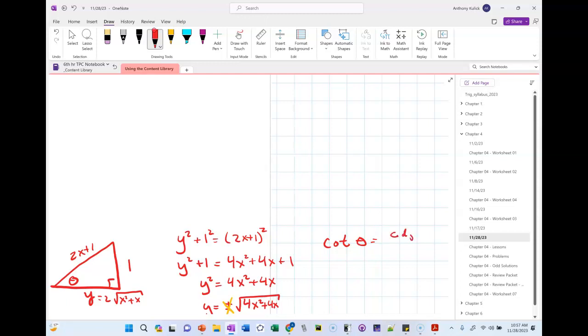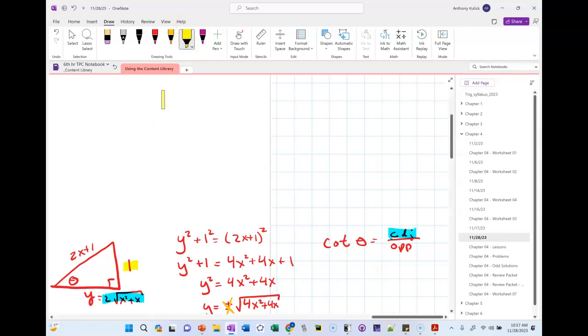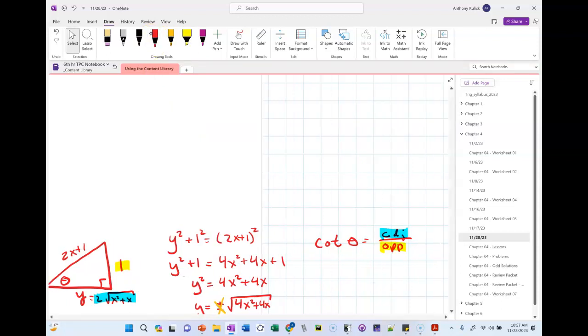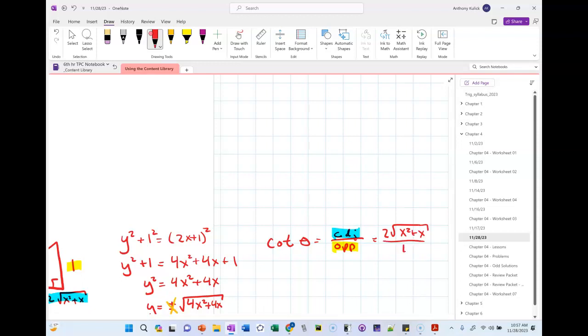So cotangent must be adjacent over opposite, right? If I look at my picture, the adjacent side is 2 root x squared plus x, excuse me, and the opposite side is 1. Or you can just call it 2 root x squared plus x. Feel okay?